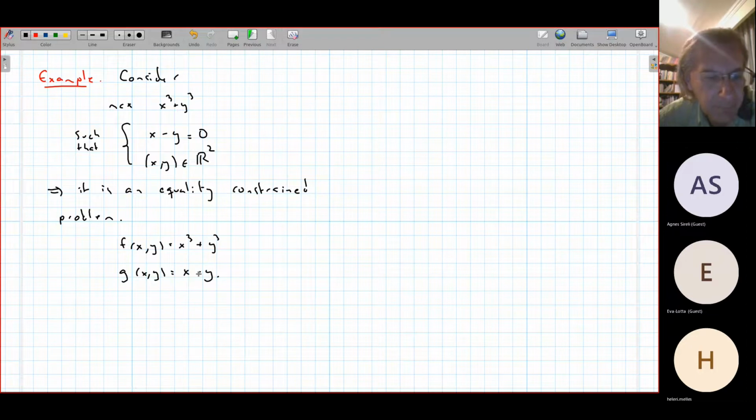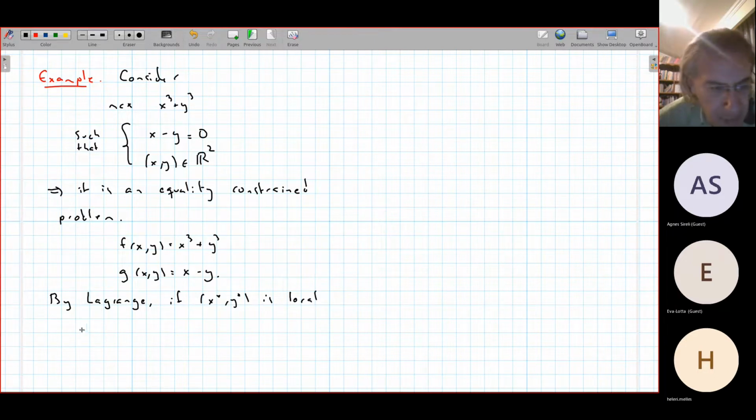So we're going to use Lagrange's theorem. Lagrange tells you that if this point is a solution for this problem, in other words, it's a local maximum, let's call this problem star.